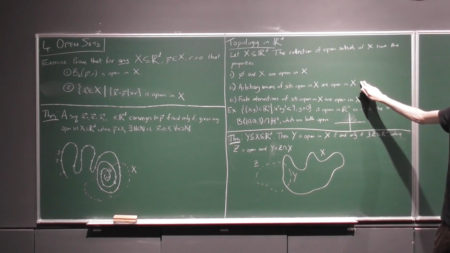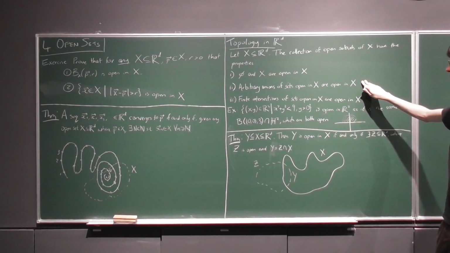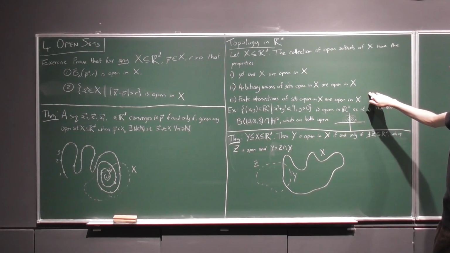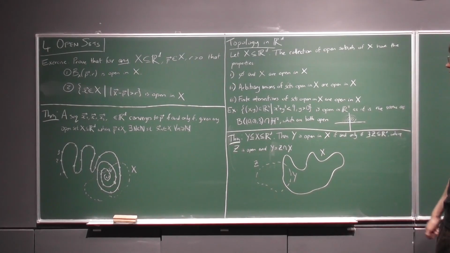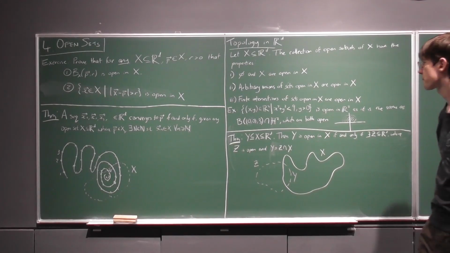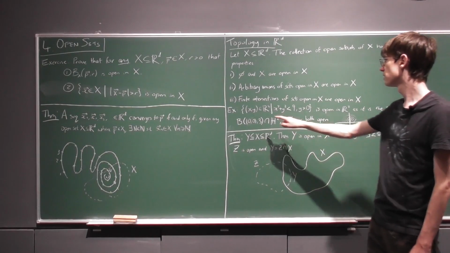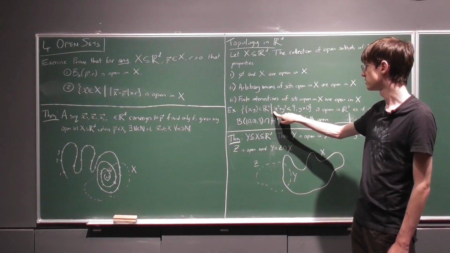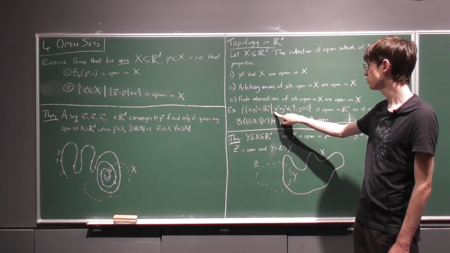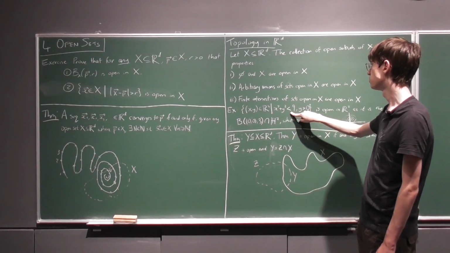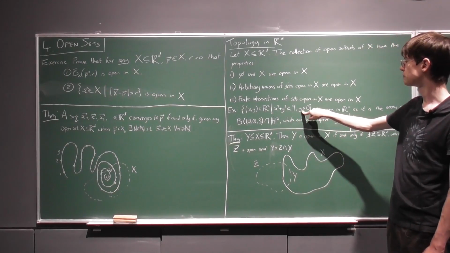Again, arbitrary unions of sets that are open in X stay open in X, so arbitrary meaning potentially infinite, but only finite intersections stay open for the same reasons as we saw in the sets in R1. So an example then is if we take this set here, the points in R2 that lie within this ball of radius 3 and that the y is positive.